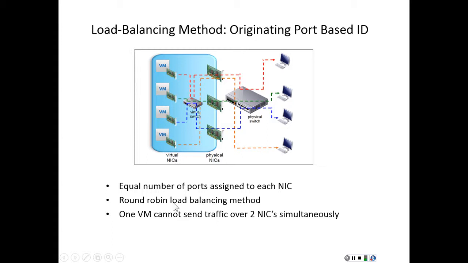This is what's called a round robin load balancing method. Now, a weakness of this method is that one virtual machine cannot send traffic over 2 network interface cards simultaneously.